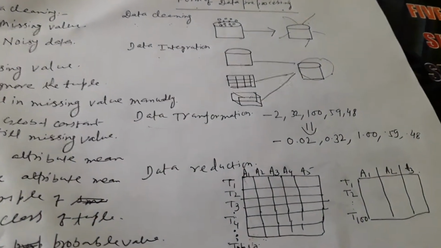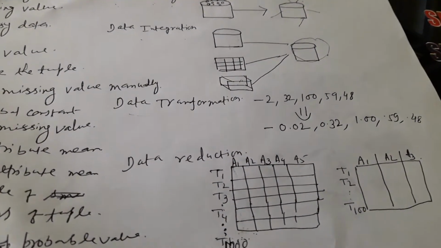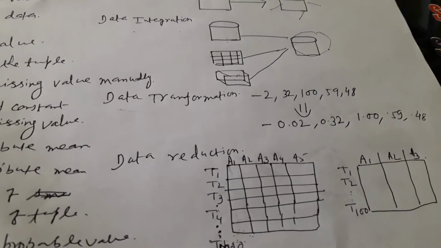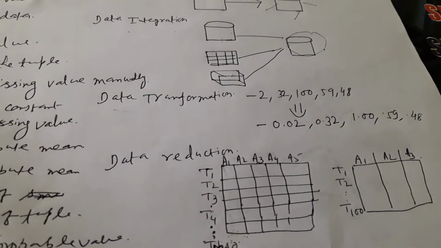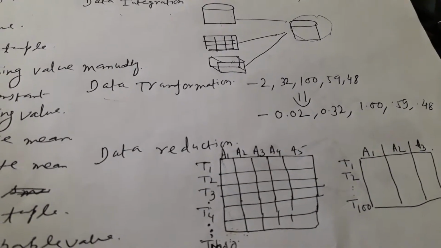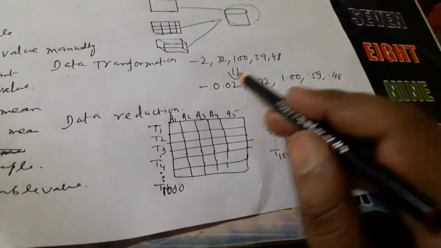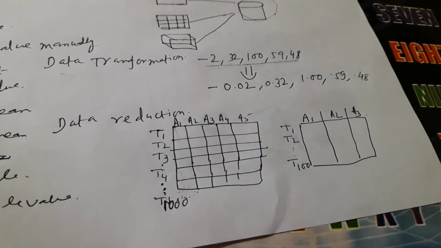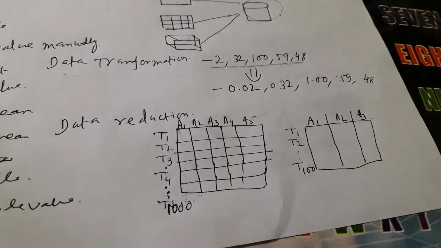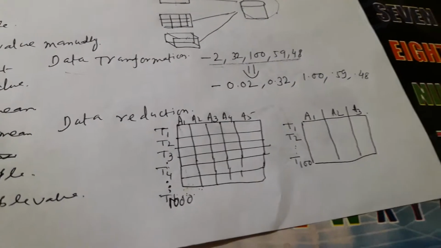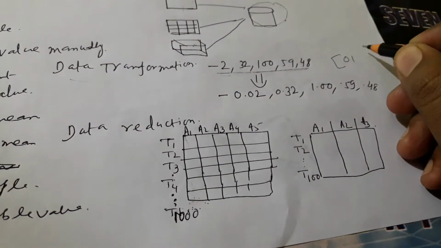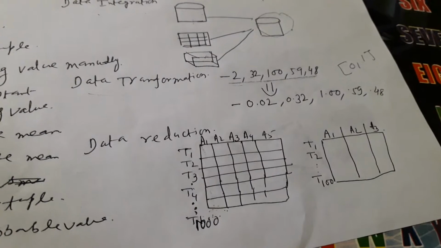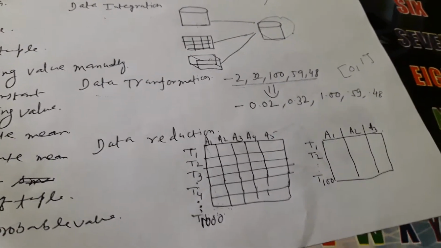Whenever you get the data, we have to transform it according to the particular range of your DBMS, the particular range of the table, the particular range of your organization. How can we do it? Suppose this is the data. Because our computer understands only 0 and 1, we have to convert all the things into the form of zeros and ones.